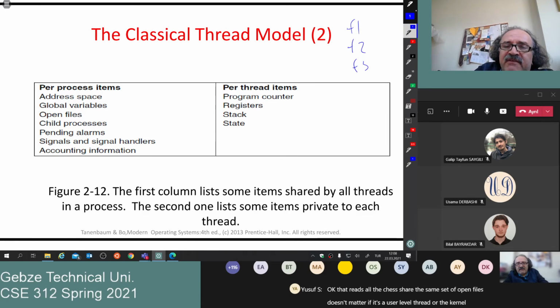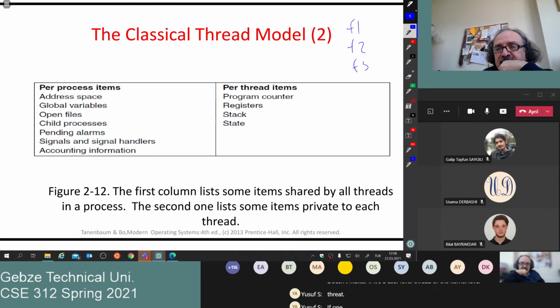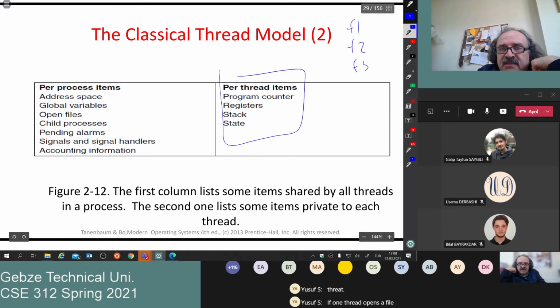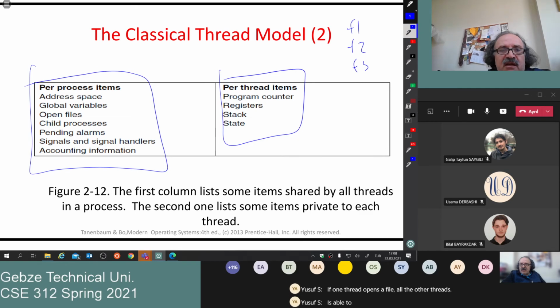And each one should have its own state, either running, blocked, or ready, like the processes. So these are per thread items, but these are all shared. The address space is shared. Your global variables, open files, child processes, alarm signals, accounting information, all of them are shared between the threads.